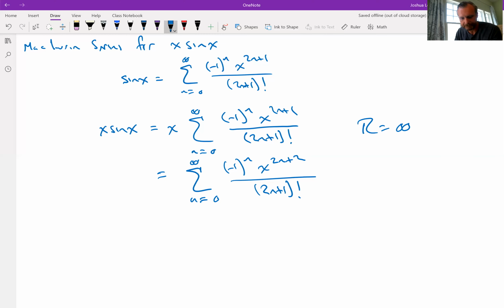Okay? All right. So those are a couple of examples, specifically of the Maclaurin series. And what we're going to do more of, and what I would encourage you to spend some time working on, are Taylor series at non-zero centers, and looking for various radii of convergence.